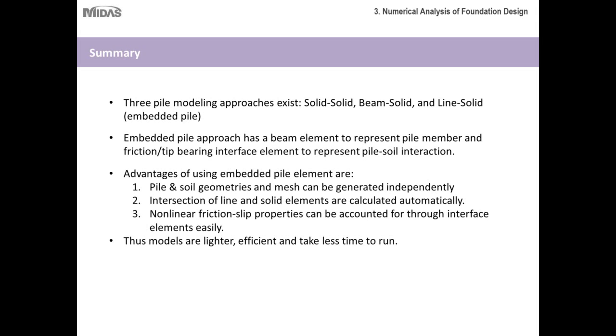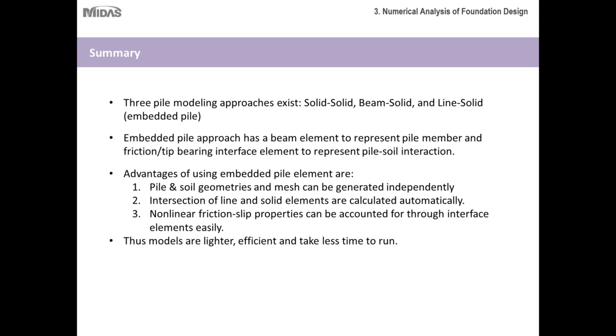The advantages of using an embedded pile element are: pile and soil geometries and mesh can be generated independently, intersection of line and solid elements can be calculated automatically, and nonlinear friction slip properties can be accounted for through interface elements very easily.